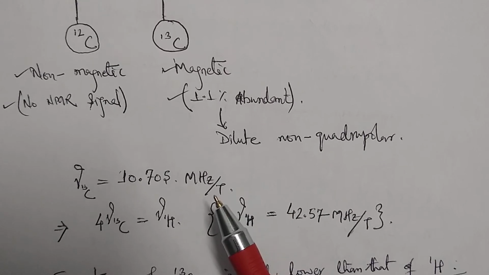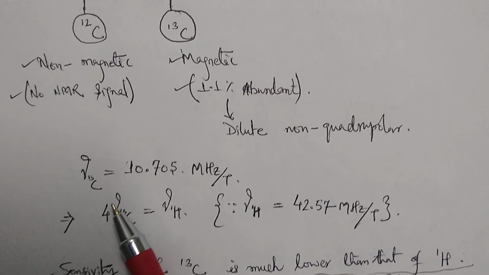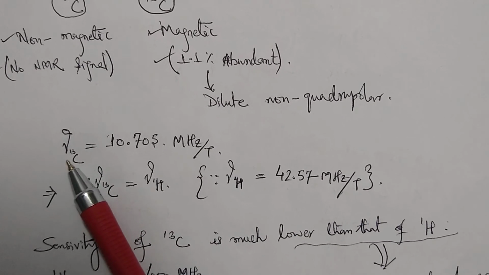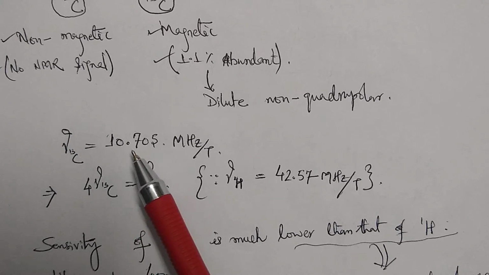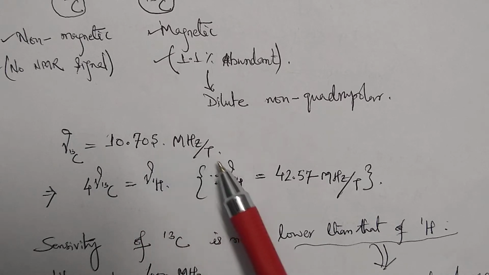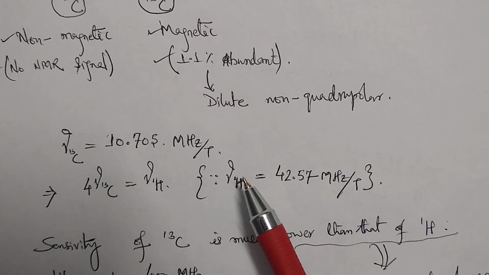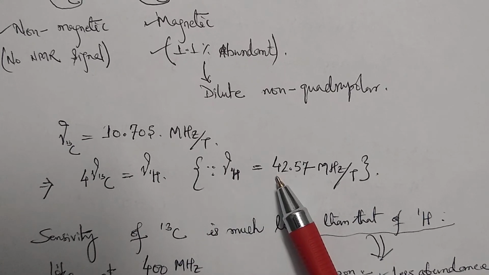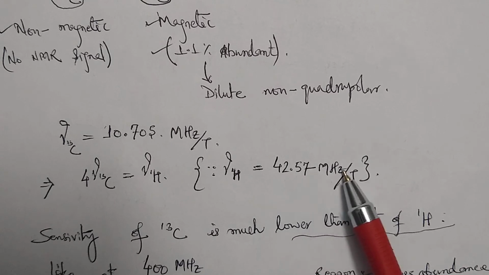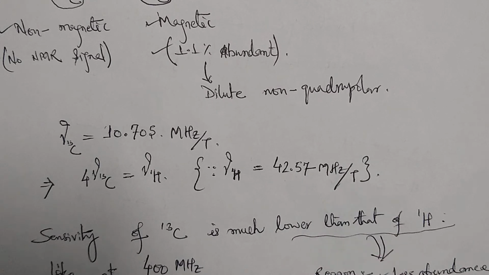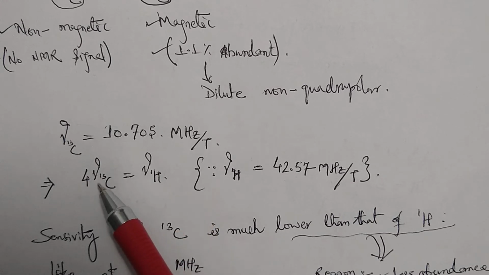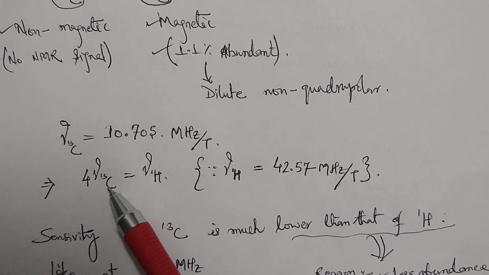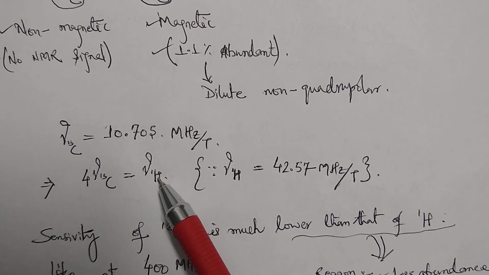Now talking about the gyromagnetic ratio, the gyromagnetic ratio for 13C is 10.705 megahertz per Tesla, which is 1/4 of the gyromagnetic ratio of the proton, around 42.57 megahertz per Tesla. So we can frame one relation: 4 times the gyromagnetic ratio of 13C equals the gyromagnetic ratio of the proton.